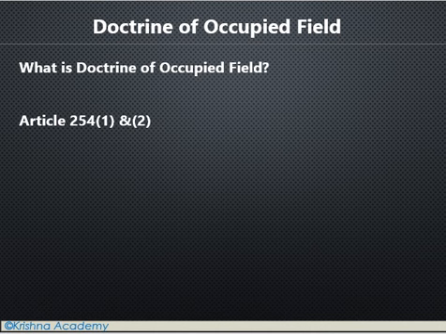Basically, as the name suggests, occupied field means the field which is already occupied, or in other words, who has the power to occupy a field. If it is already occupied, who can control it? As you are aware, in the Constitution of India, primarily there are two legislative bodies that can enact law.